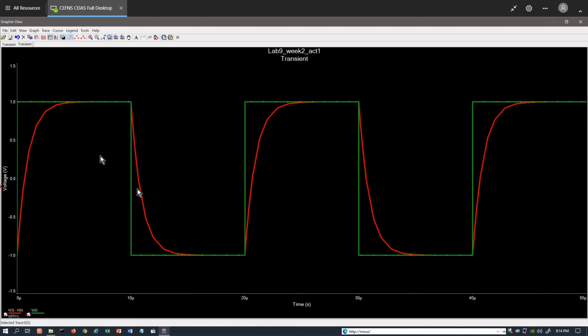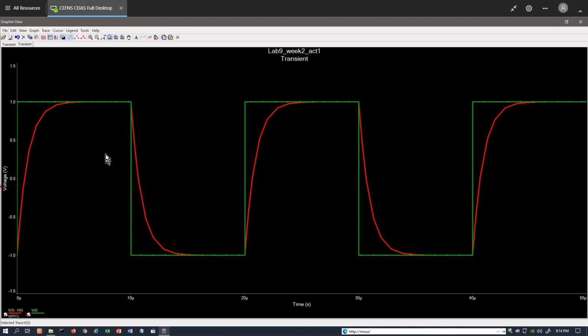Now we want to measure the time it needs to fully charge and discharge. When it's increasing, it's charging. When it's decreasing, it's discharging.